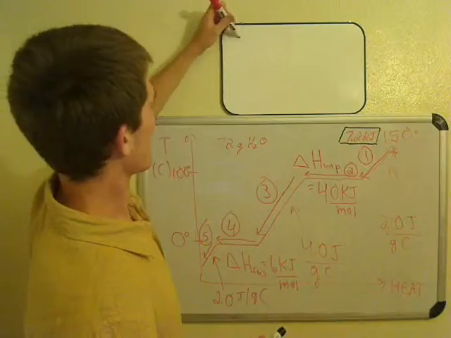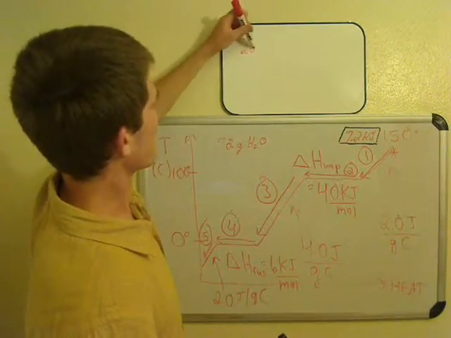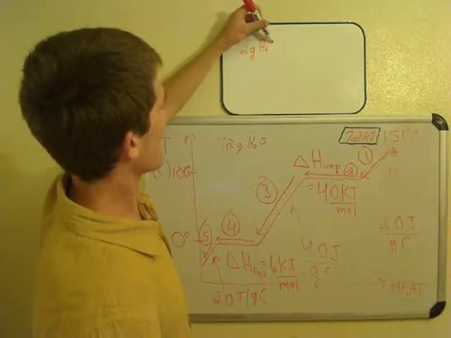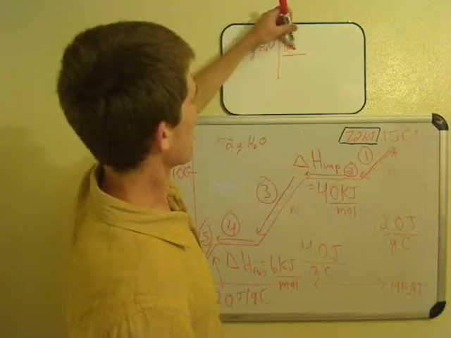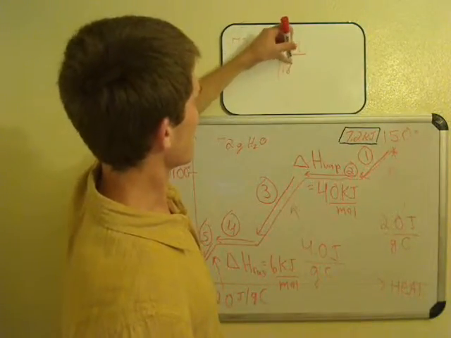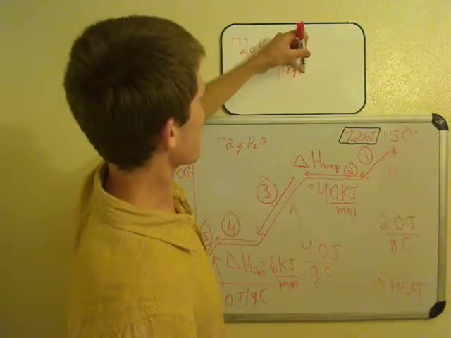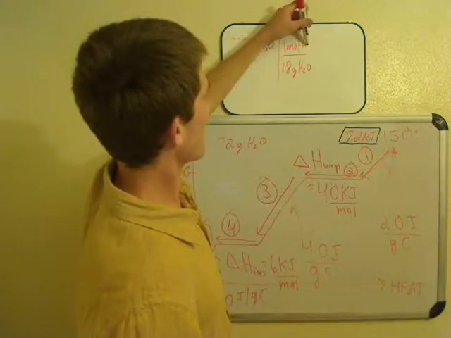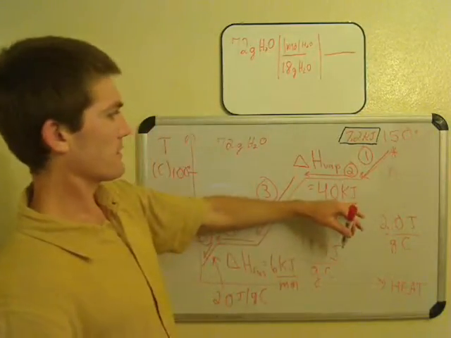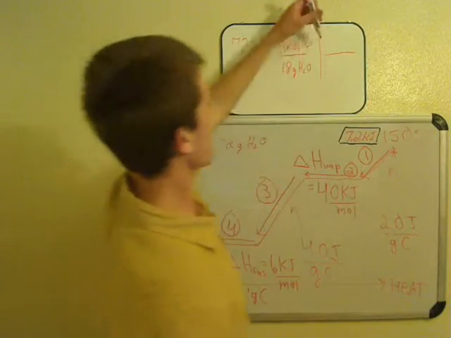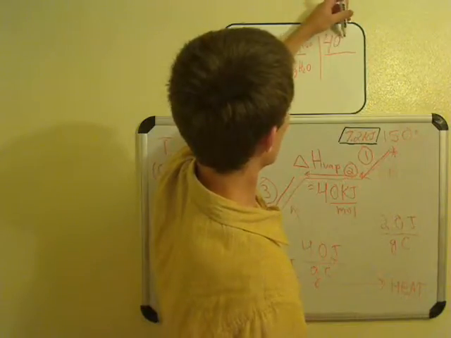So we have 72 grams of water, and 1 mole of water has 18 grams of water, and we're multiplying by 40 kilojoules per mole of water.